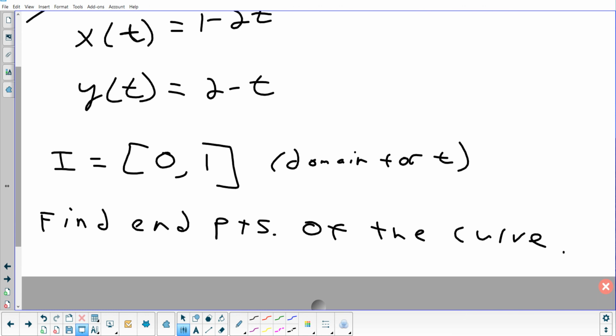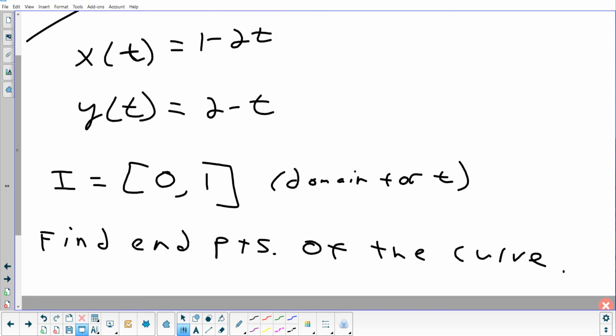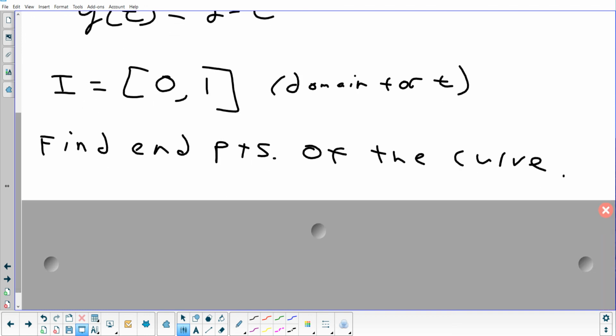So let's find the endpoints of the curve. Okay, so I've got my 2 formulas. What value am I going to plug in for t to figure out where this curve starts? Okay. 0. I'm going to plug in 0. Yep.